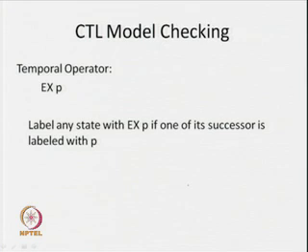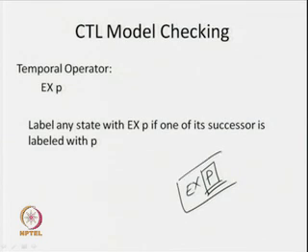In case of Ex P, P is a sub formula. First, we know the labeling of this particular P. If we know these things, then we can go for the given formula. Okay, just select one example.